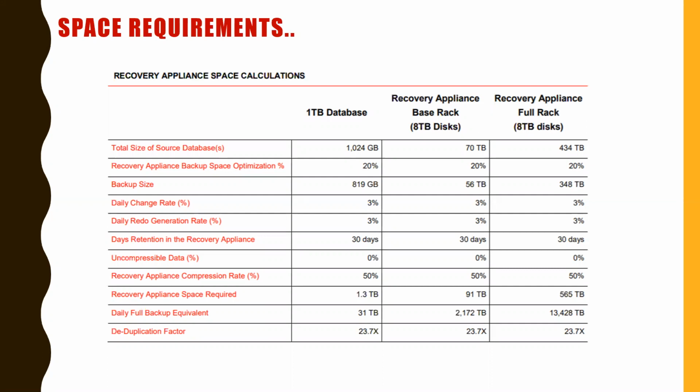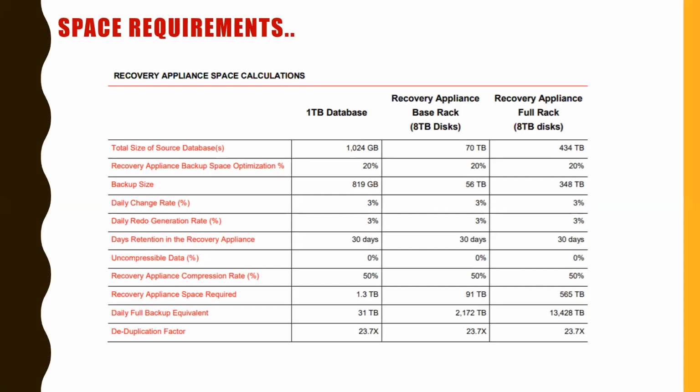For non-prod we can have a base rack setup, because most of the environments will have non-critical or less data on non-prod systems. For that we can make use of the base rack, whereas for production systems it is highly recommended to go with a higher configuration.